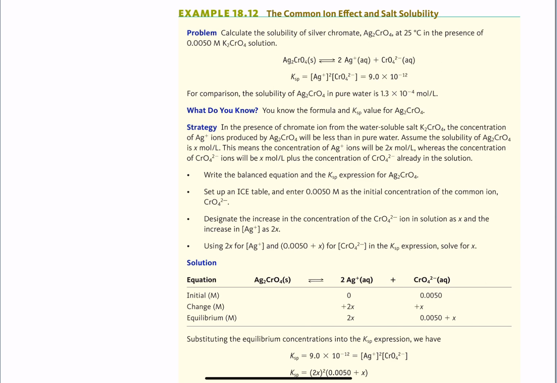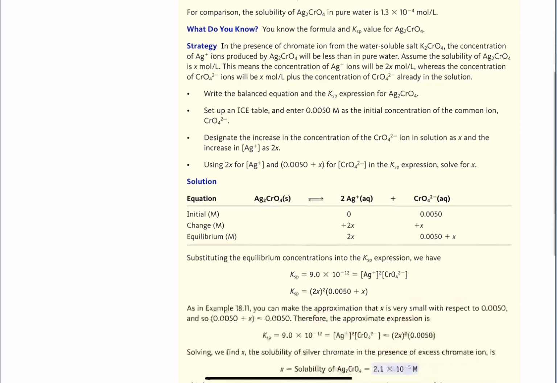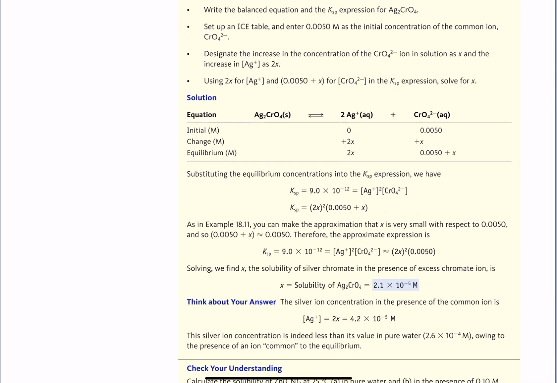Now, when we do the stoichiometry, we have a 2-to-1 ratio of silver to chromate. Therefore, as the reaction goes to the right, every silver chromate is going to produce 2 silver ions for every 1 chromate ion.